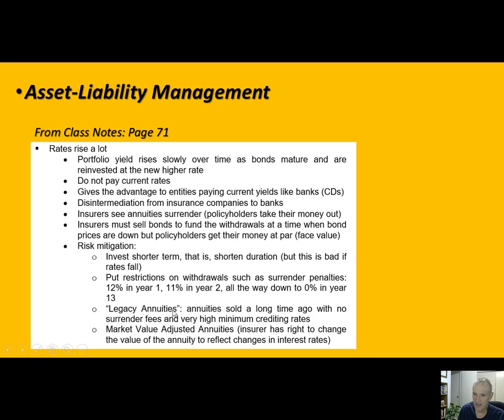Insurance companies still have these things. They have no surrender fees, high minimum crediting rates. One thing a lot of insurance companies have started doing, and I don't think we ever did this at UTSA, is what they call market value adjusted annuities. These are annuities where, when you surrender them, there's a formula that says, okay, if you surrender this when interest rates are high, your surrender penalty will be based on the fact that you're essentially chasing hot rates.